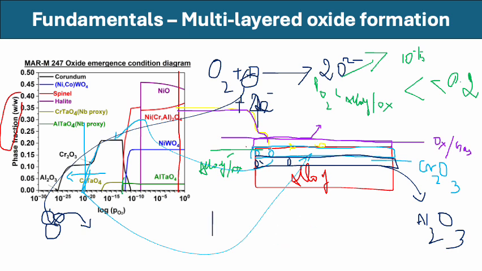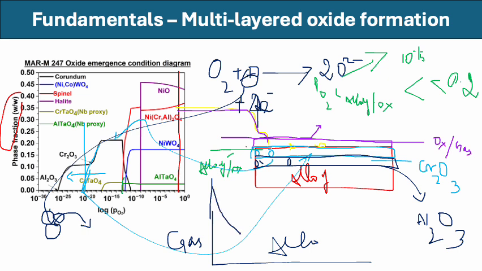At the alloy gas interface, this is gas and this is alloy. At the surface, the oxygen partial pressure was 0.2, which is close to the ambient condition, but it steeply falls, and let's say this is the critical value, the dissociation pressure of alumina.